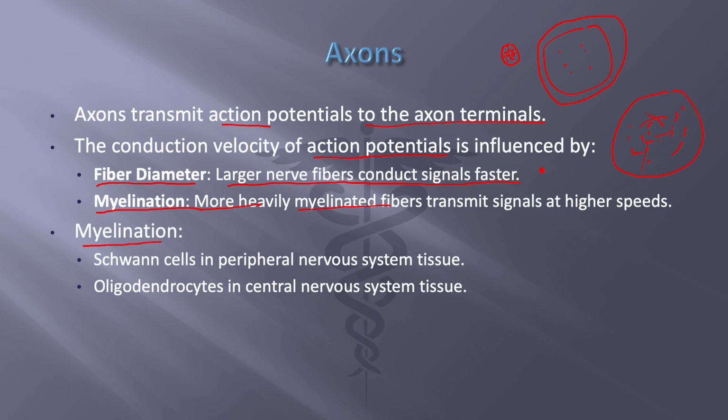So when we talk about myelination in the peripheral nervous system, you have Schwann cells, and in the central nervous system, you have oligodendrocytes. And this is what's going to form the myelin tissue on those nerves.